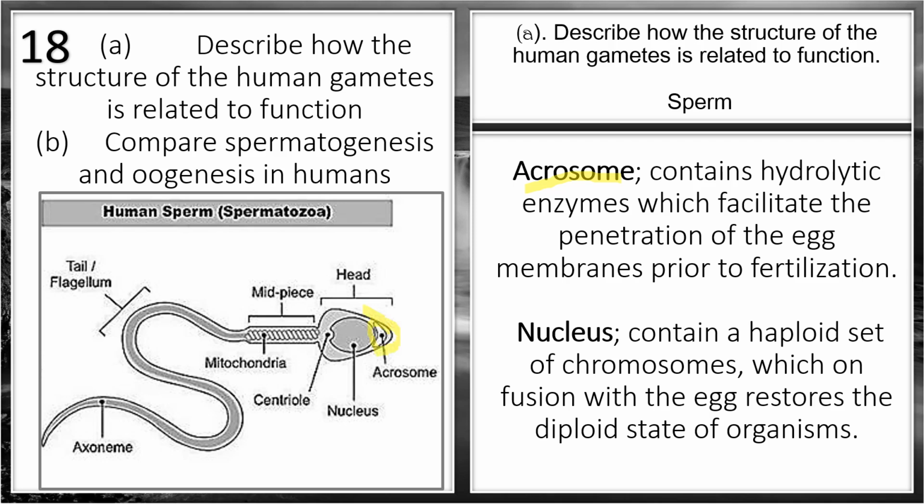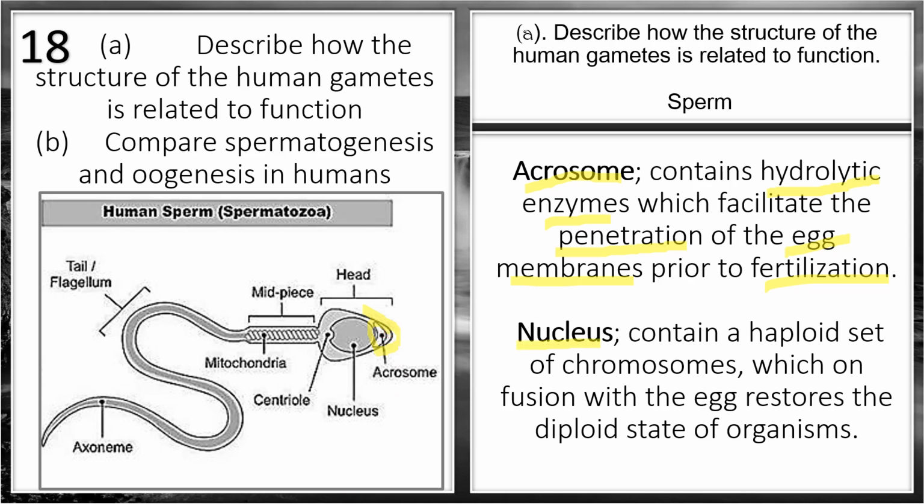The acrosome contains hydrolytic enzymes, and this facilitates the penetration of the egg membrane prior to fertilization. So the acrosome has hydrolytic enzymes which will help the penetration of the egg membrane during fertilization.